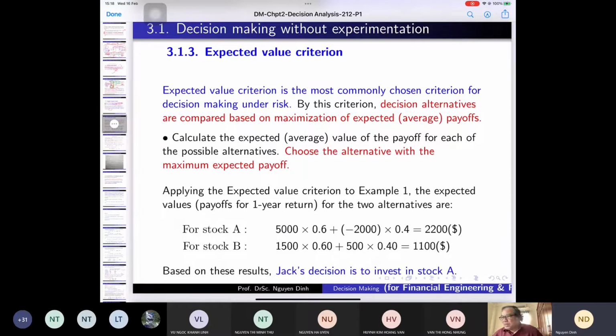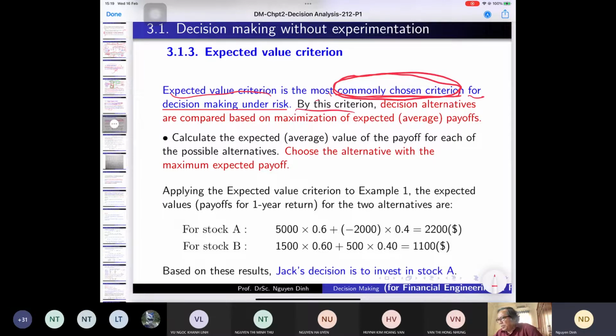I choose that one. That's all. Easy. So the expected value criterion is the most commonly chosen criterion for decision making under risk. We are in the situation under risk, and it is commonly chosen, meaning many people prefer this way. And what is it?